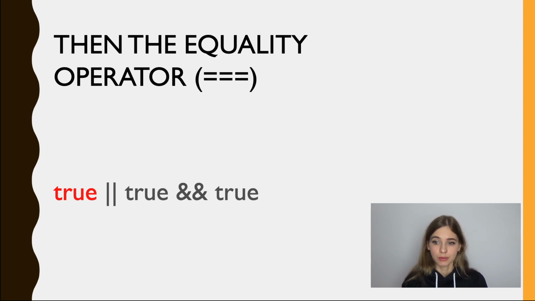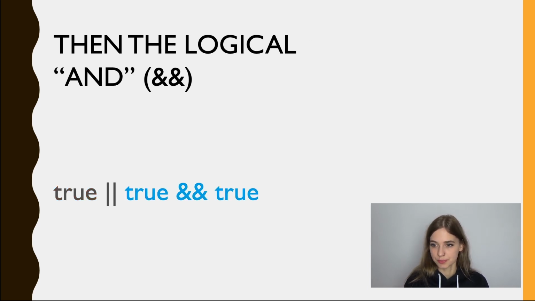Regardless of whatever operators would be here, we know that it should definitely give us true as a result. But let's check which goes first. First, we are dealing with the logical operator and.